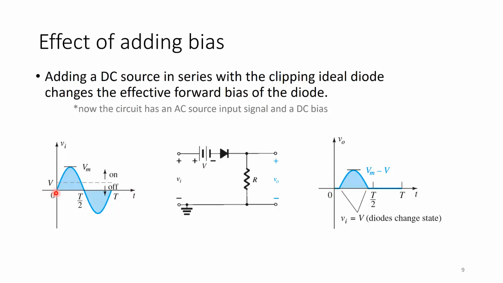V out will also start to imitate V in slightly after 0 volts, and it will stop imitating V in before T over 2, which is half of the cycle. So it changes state before and after, because we have added a DC source in series with the clipping ideal diode.